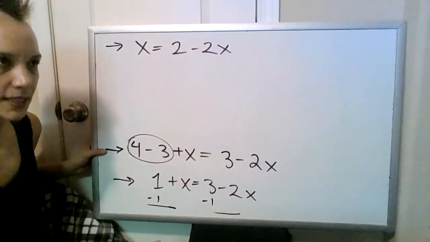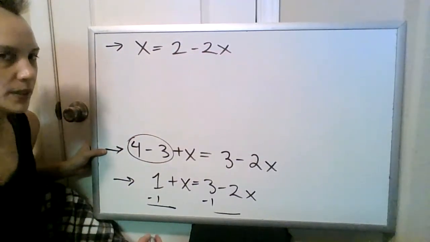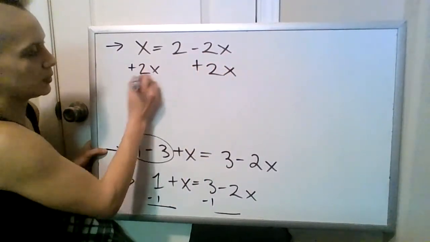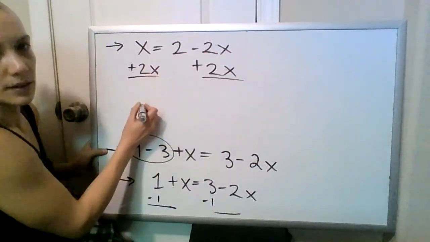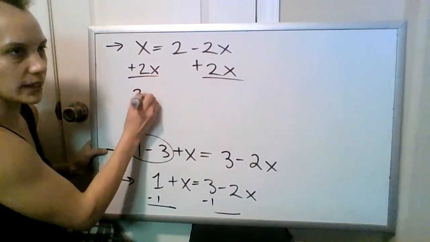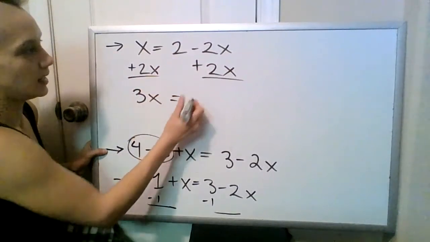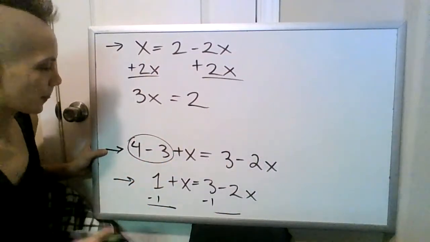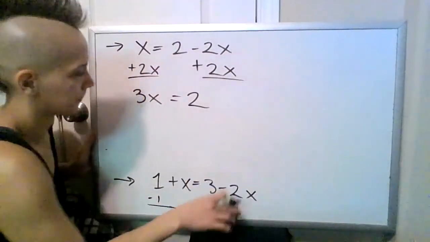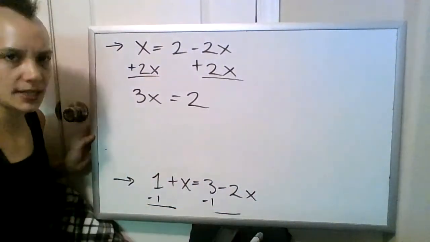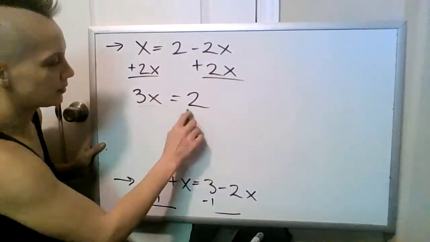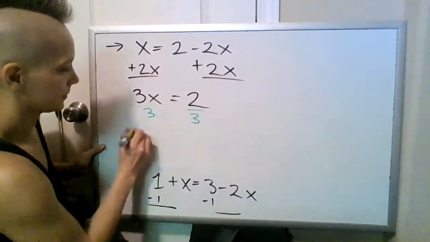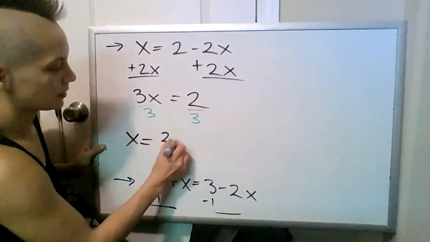So you can get the x values to one side of the equation by adding 2x to both sides. 2x plus 1x is 3x. And we have 2 plus 0x, or 0. Okay, so divide both sides by 3, and then you'll have solved for x. I got 2/3.